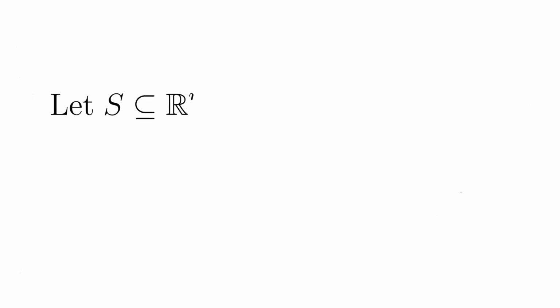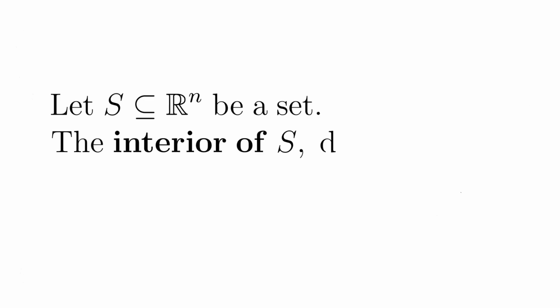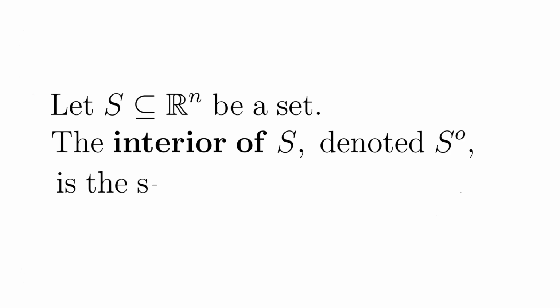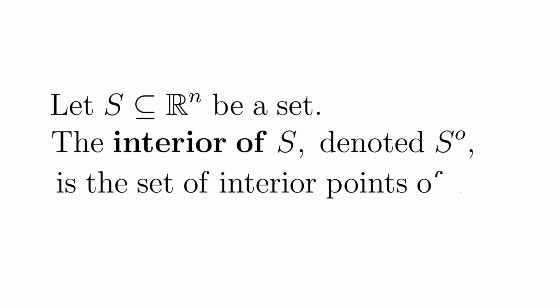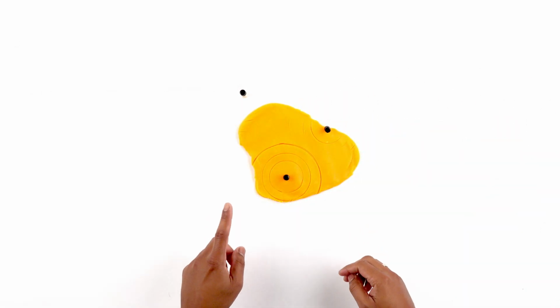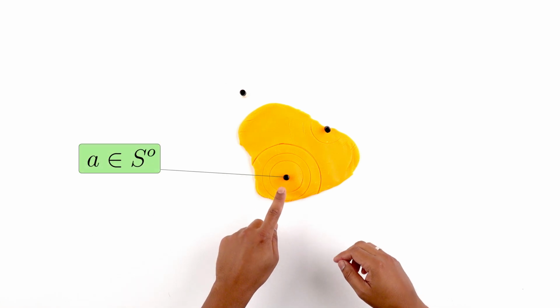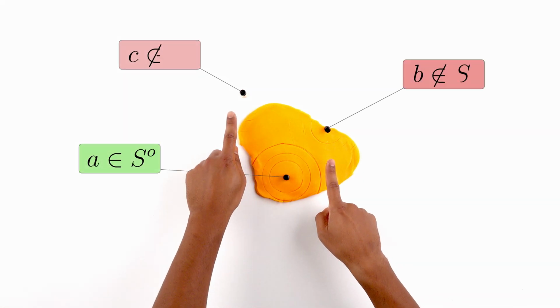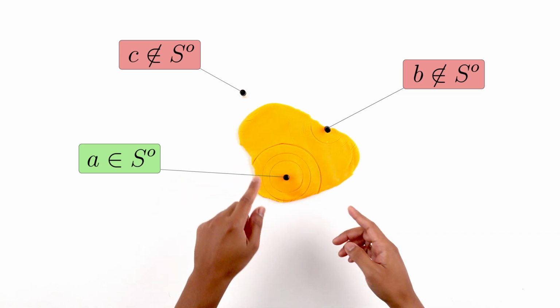These examples suggest that we can formally define the concept of inside. Let S be a subset of n-dimensional space. The interior of S, denoted S0, is the set of interior points of S. How does this apply to our mango? Recall that we checked A is an interior point of S, whereas B and C are not.